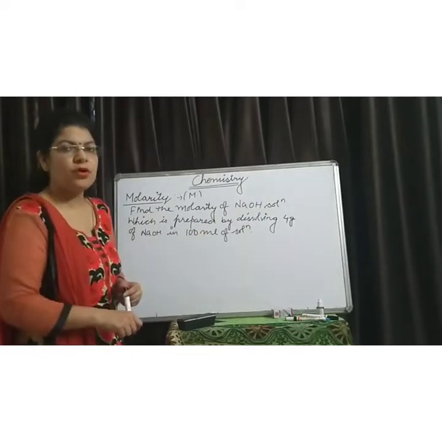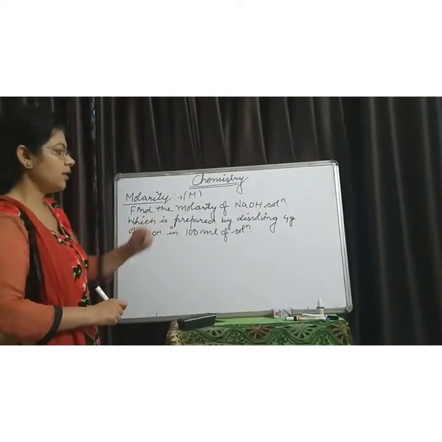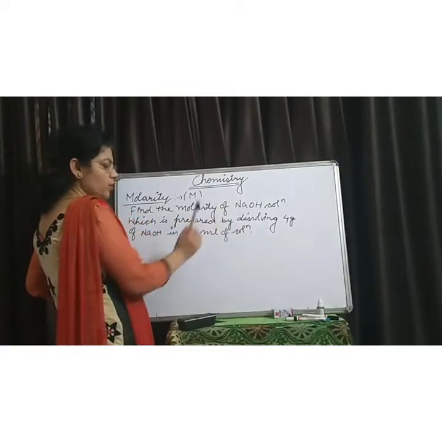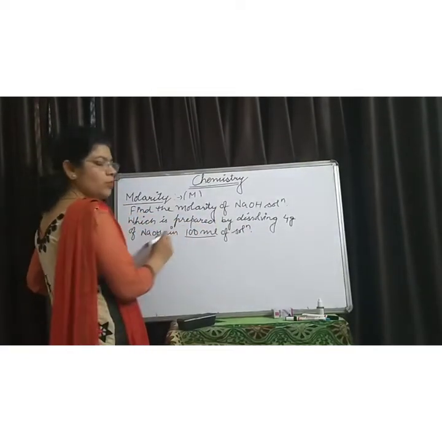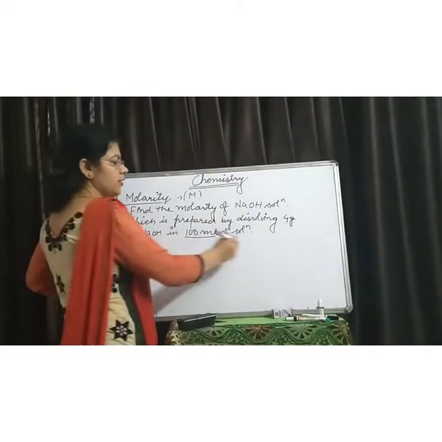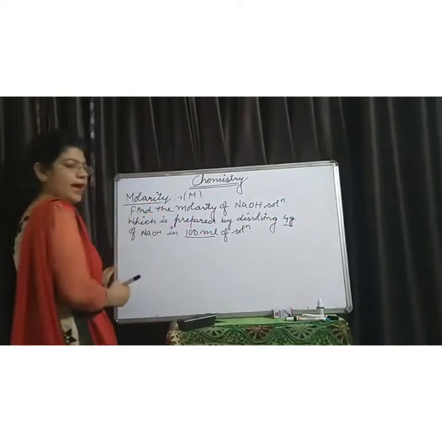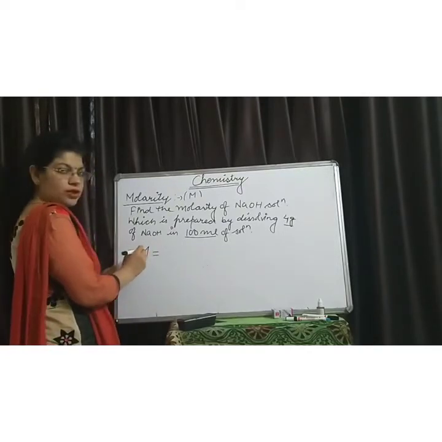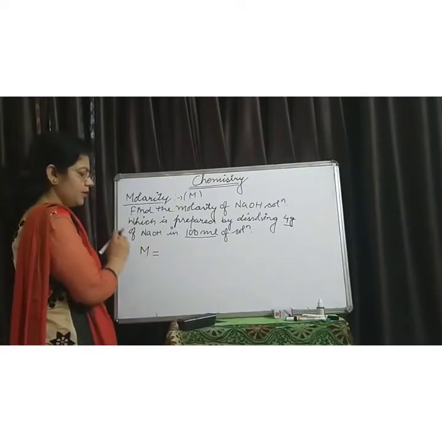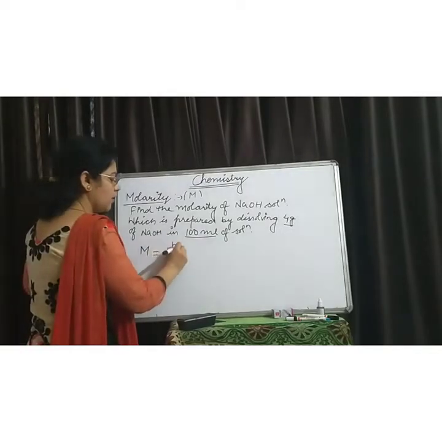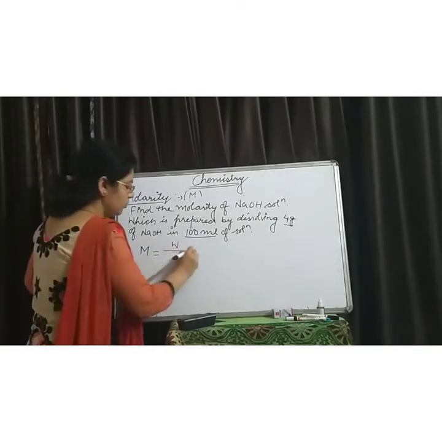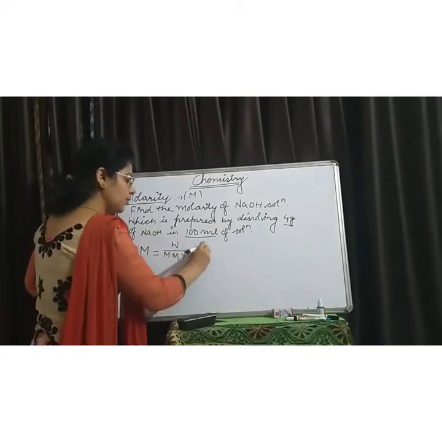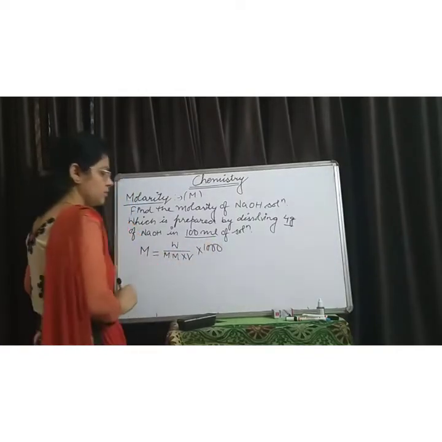100 ml of solution. Here the mass of the solute is given to you, that is 4 gram. Also the volume of the solution is given to you, that is 100. As we know that the formula for calculation of molarity is mass of the solute divided by its molecular mass multiplied by 100 into 1000.